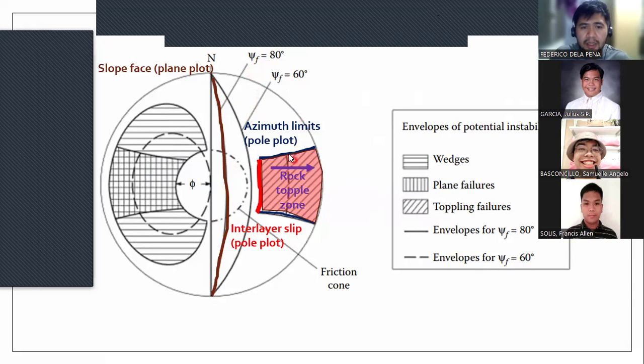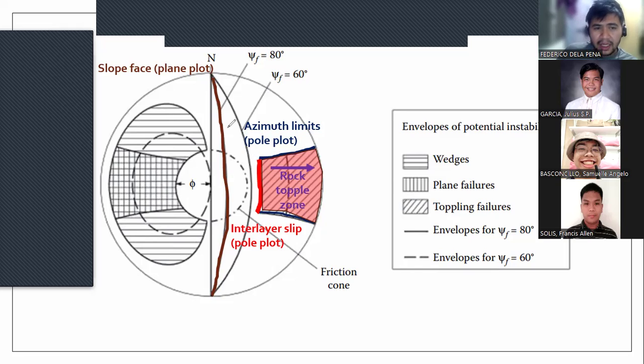And so normally, if you will remember, if we're going to talk about the first criteria again, the orientation criteria, in the planar and in the wedge failure, the plane criteria is in here in this side. And then the pole plot criteria is on this side.